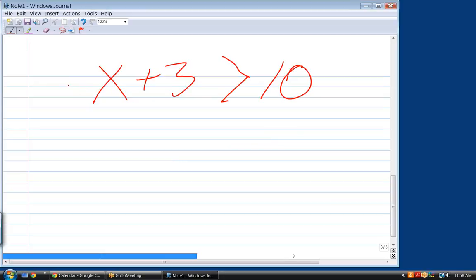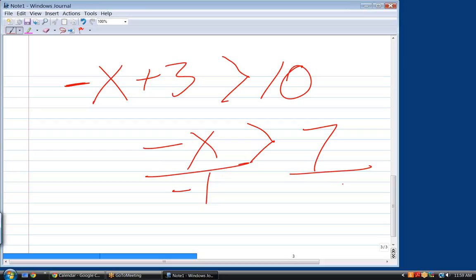However, if there is ever a need to multiply or divide both sides of the inequality by a negative number, then you have to reverse the direction of the inequality. In other words, my first step is still to move the 3 over. So I have minus x is greater than 7. But now I have to divide both sides by minus 1 in order to get rid of that minus sign that's in front of the x.